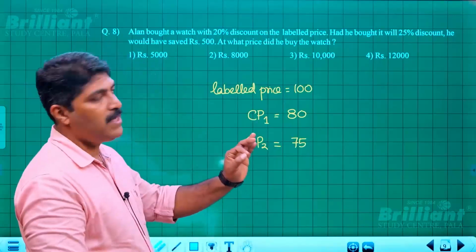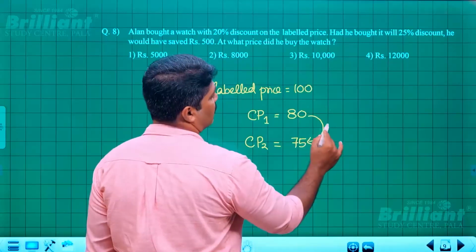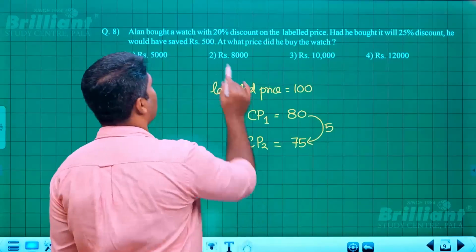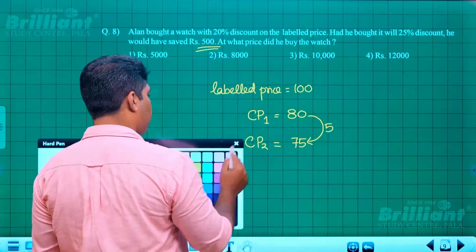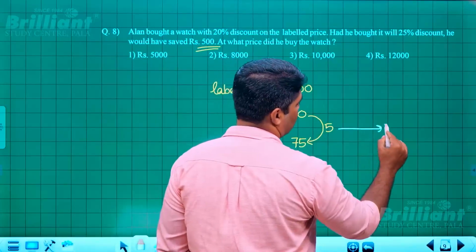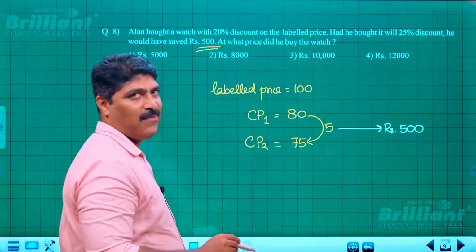If he received such a discount, then there is a decrease. There is a decrease of how many rupees? 500 rupees. So this 5 is representing rupees 500.